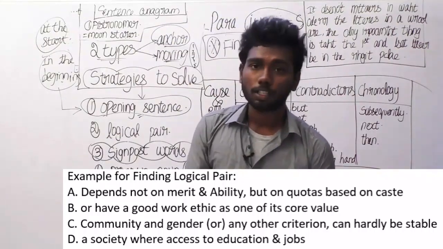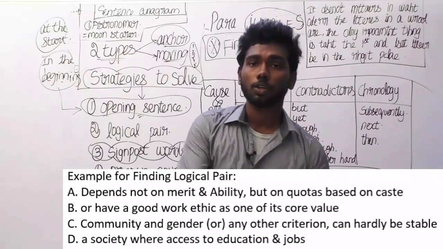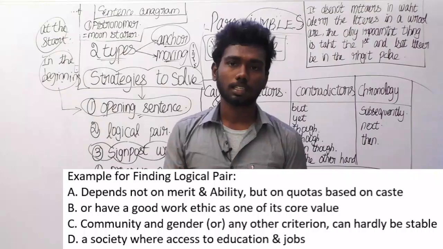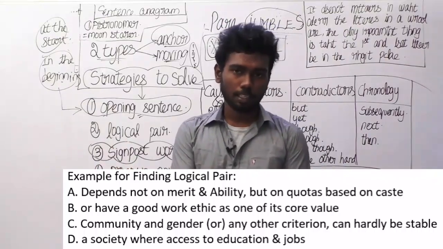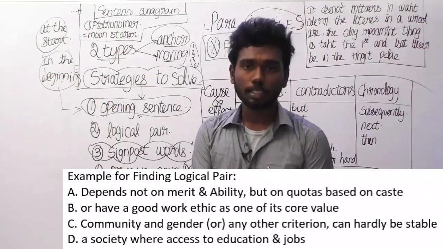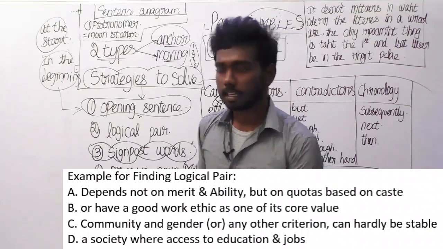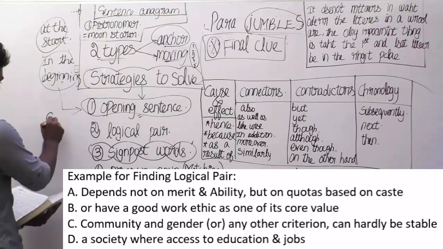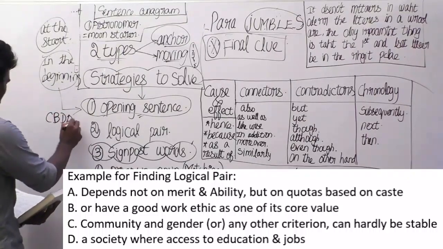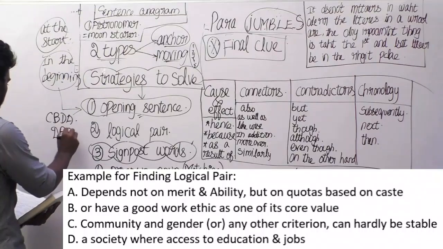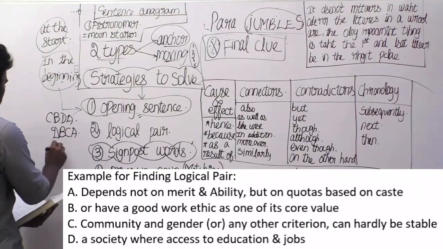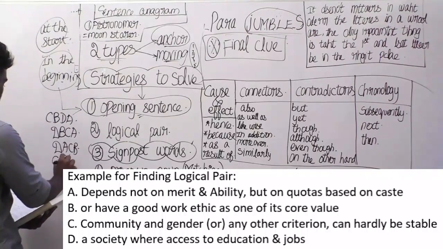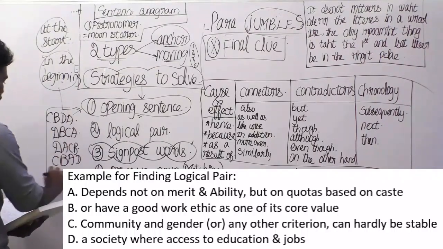For this question, you don't even need to know the first and last sentence. Keeping these two sentences in arrangement, you can clearly see it, because the options given are: option A is C, B, D, A; option B is D, B, C, A; option C is D, A, C, B; and option D is C, B, A, D. These are the four options given here.